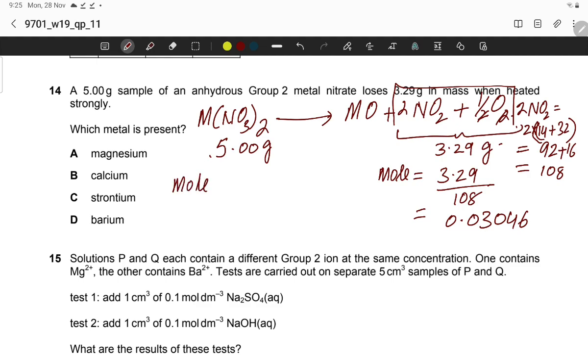Now we calculate the Mr of the compound. Mole is equal to mass over Mr, so Mr is equal to mass over mole.